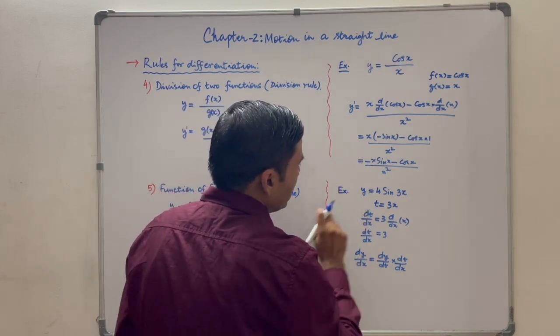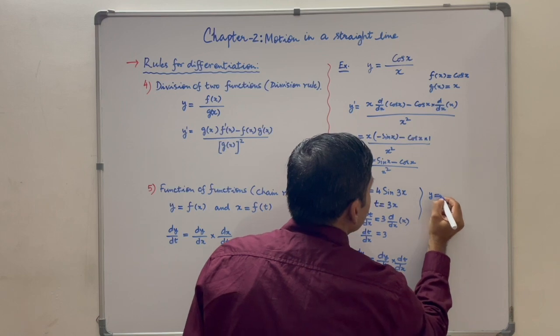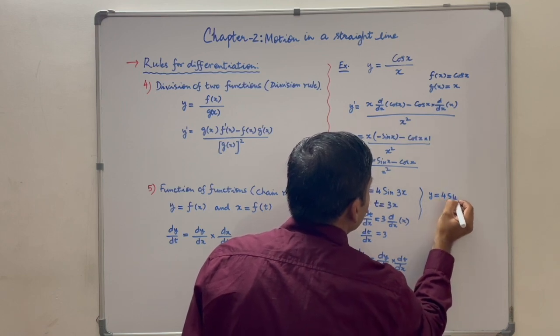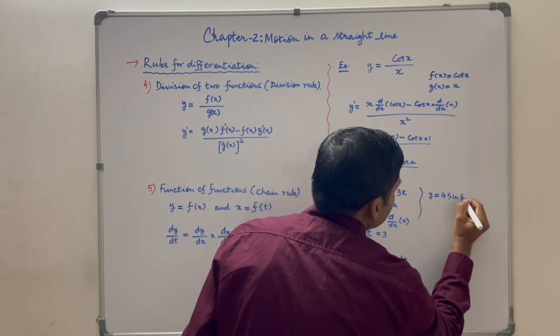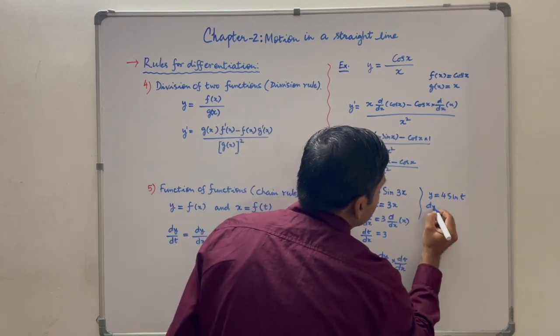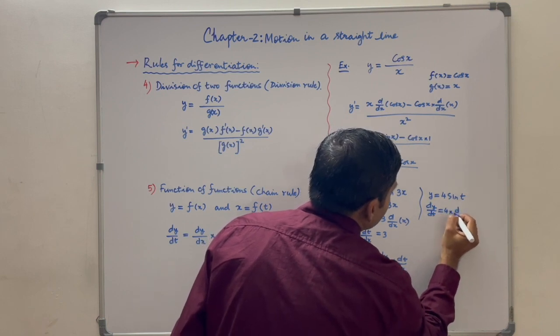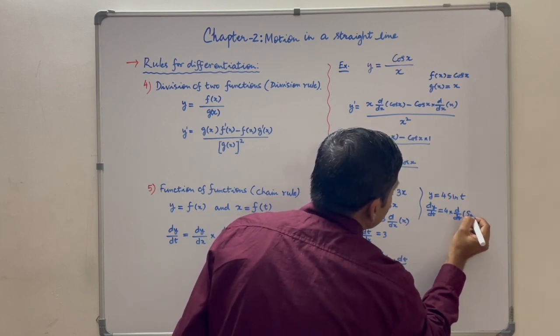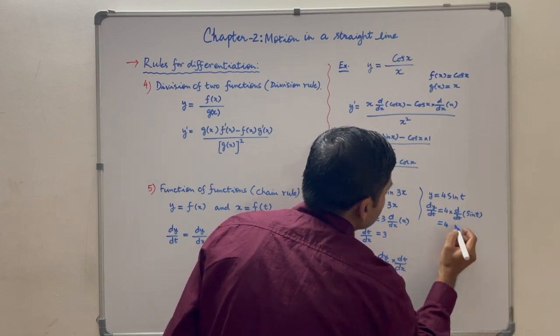We will calculate dy/dt from here. It can be written as y = 4 sin, and we have assumed t = 3x, so 4 sin t. So dy/dt = 4 into d/dt of sin t, and d/dt of sin t is cos t.